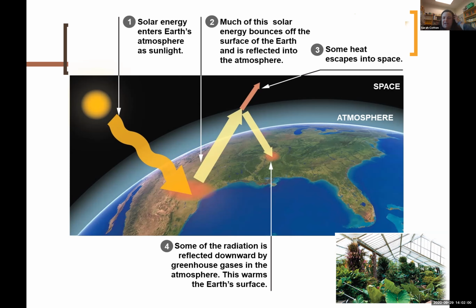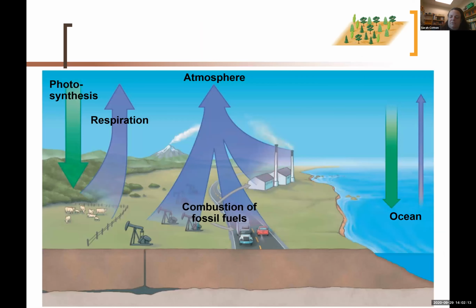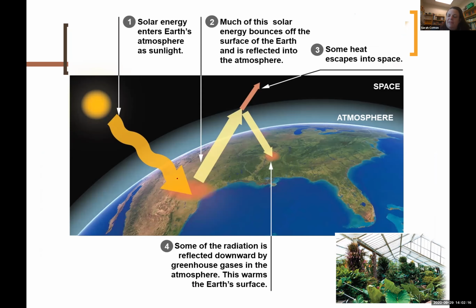Okay, so let's talk about what it is exactly. The primary driving force that keeps Earth toasty warm is solar energy, right? So solar energy comes down from the sun, through our atmosphere and hits the Earth.